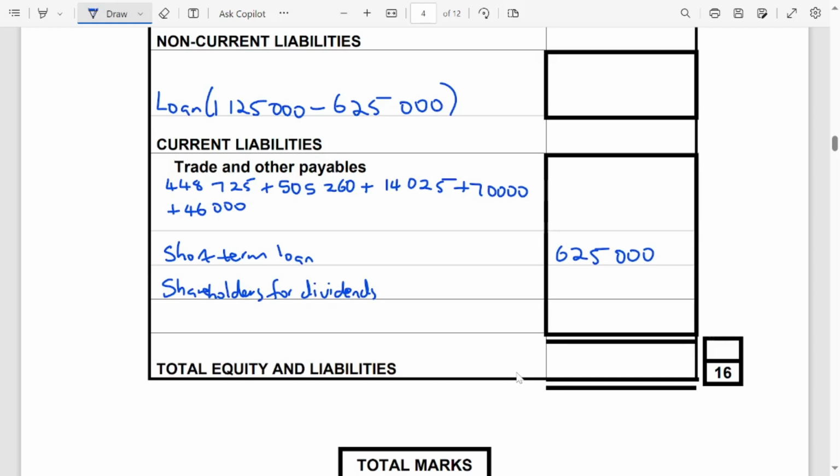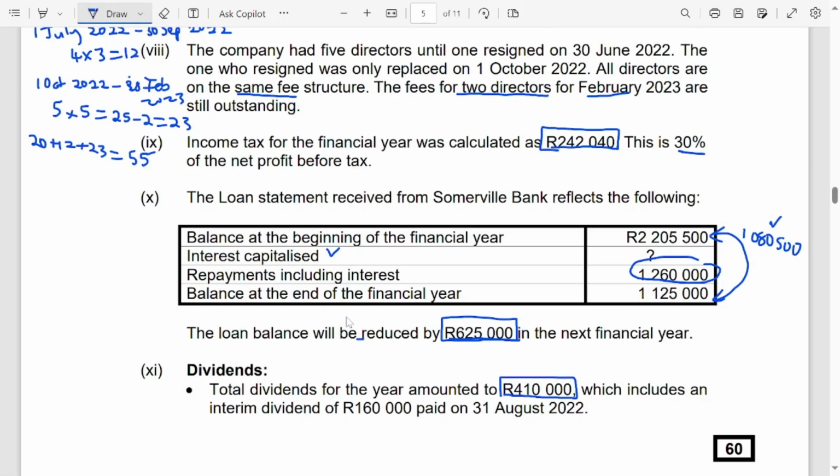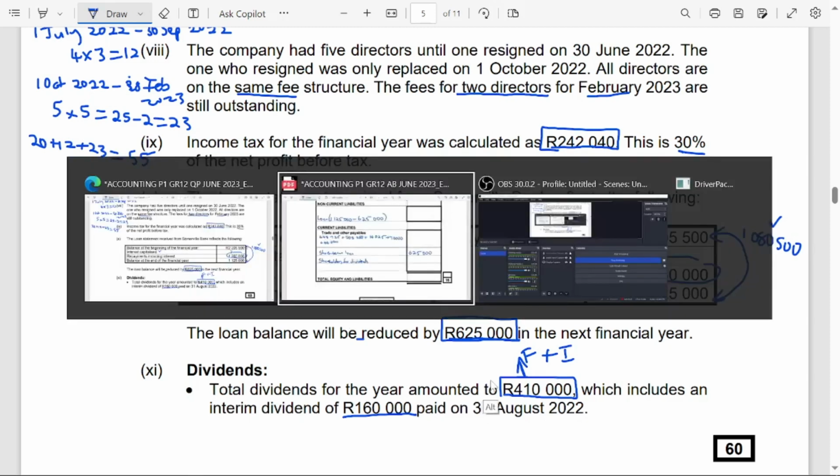It's a liability. But here it is not given. What is given is the interim dividends of 160,000, but here they gave us the total dividends. The total dividend is made up of the final dividends and the interim dividends. So we can now find the final dividend by finding the difference between the two.